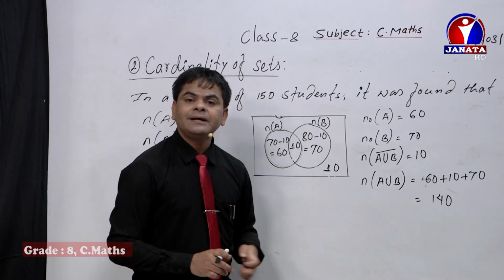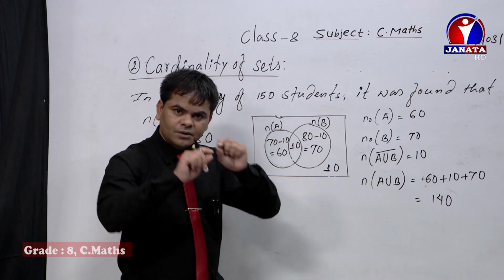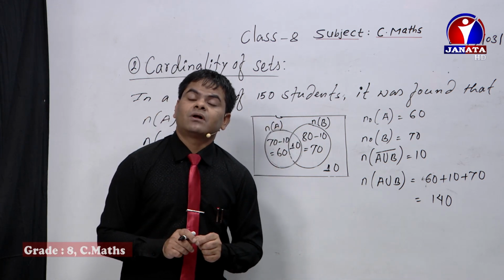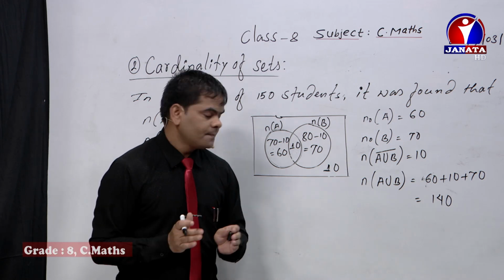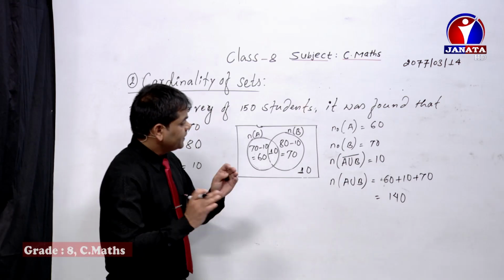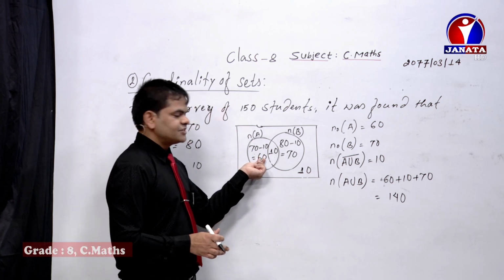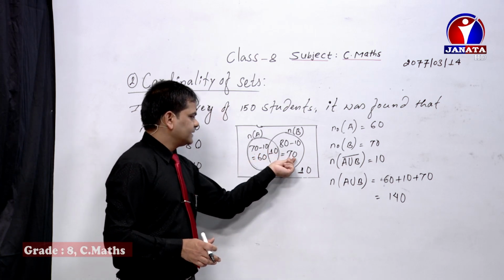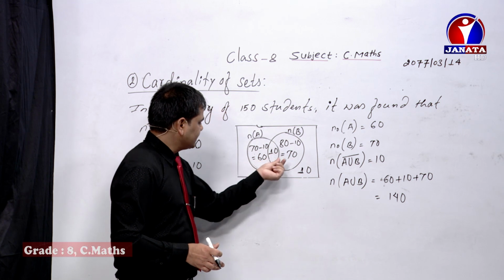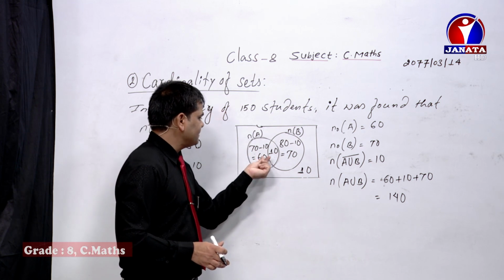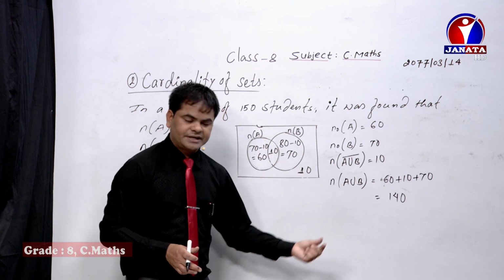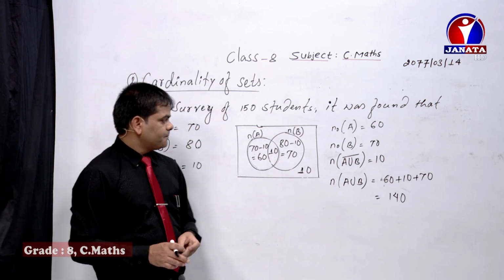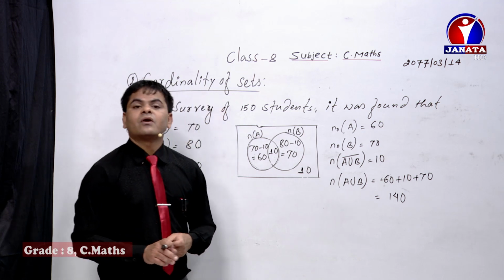A union B represents the value contained in both circles combined. We need to add the values contained in both circles. If we count, there is 60, and then 10, and then 70. So by adding 60 plus 10, 70, 70 plus 70, 140. So A union B represents 140.